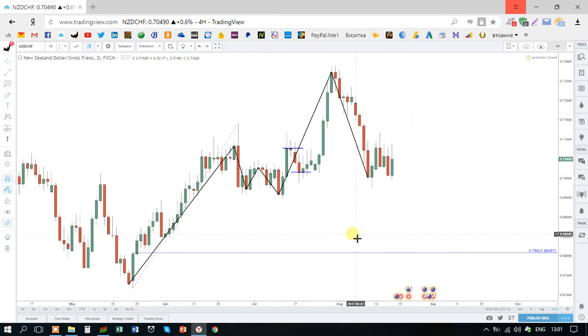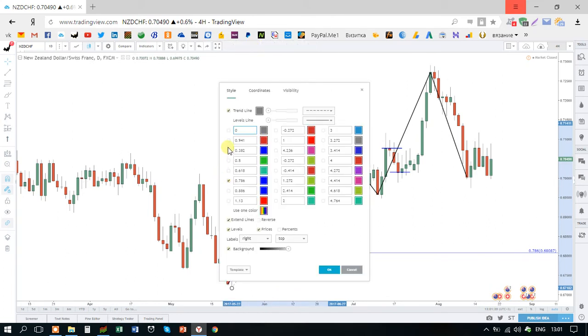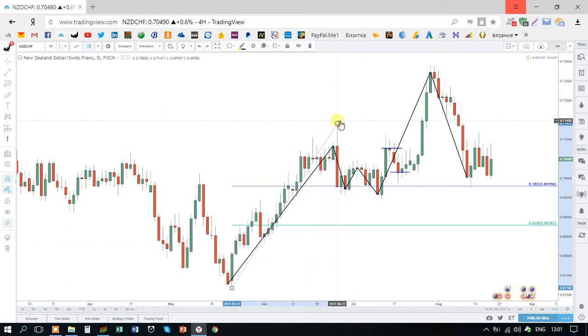Okay, so the first thing you need to do is identify your X to A leg, and this is your first leg. And then you need to enable the 382 and 618 lines on your Fibonacci. And the second rule says that the B point should at least touch 382, but it should not close below 618.